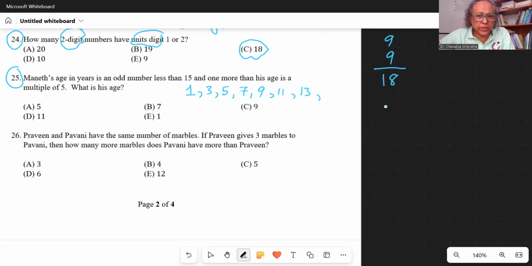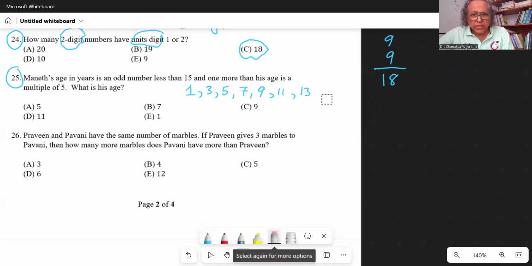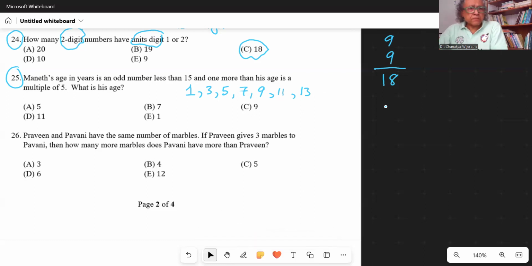So actually, we should have looked at the even number less than 15, which is 14, and half of that is 7. So there are 7 odd numbers and 7 even numbers from 1 to 14. It is less than 15, so 15 is not included.